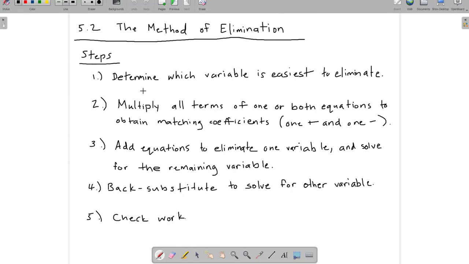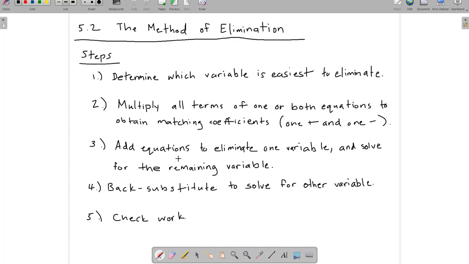So step 1, determine which variable is easiest to eliminate. Look at your coefficients and see, oh, I'll only need to multiply one equation by one number here. Step 2, multiply all terms of one or both equations to obtain matching coefficients, like we saw. You're going to want one of them to be positive, one of them to be negative.